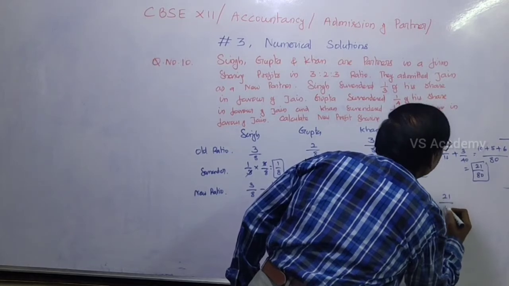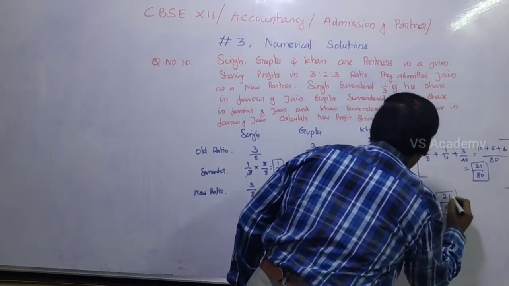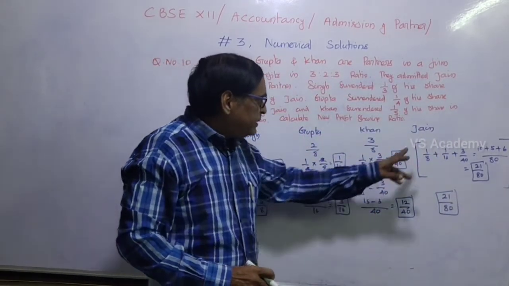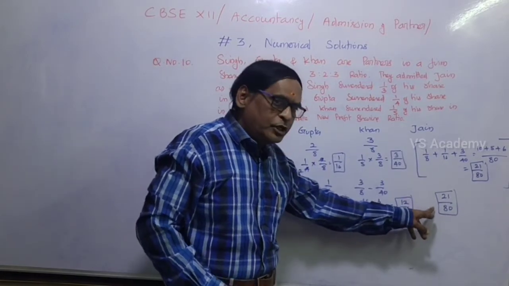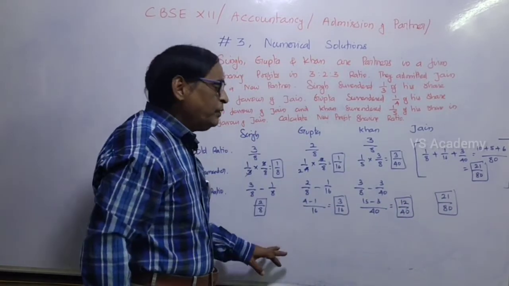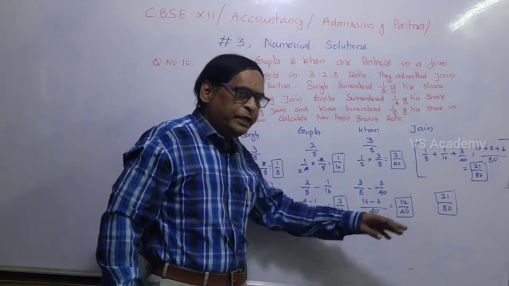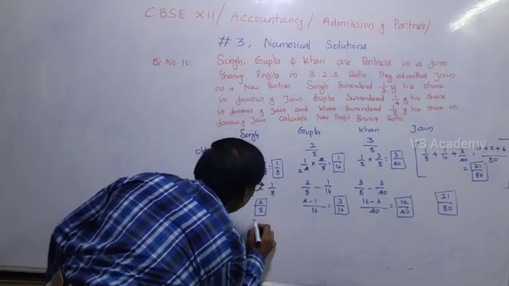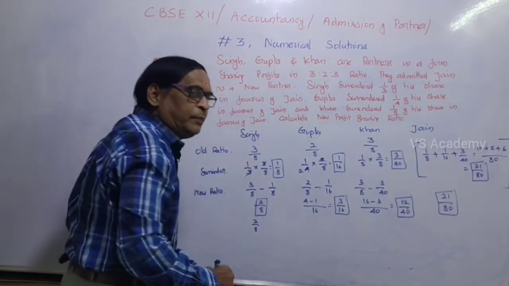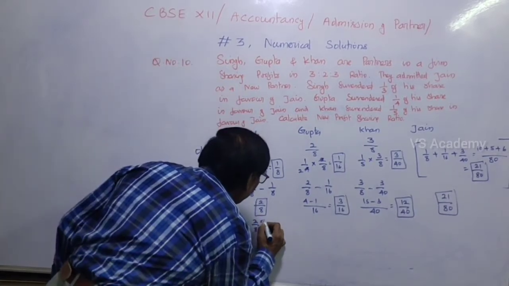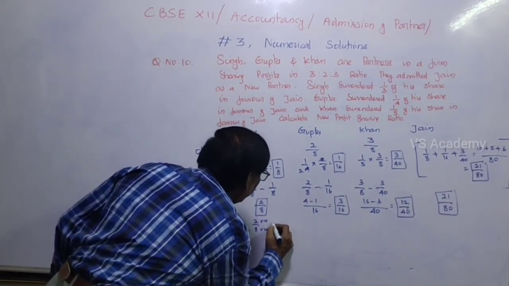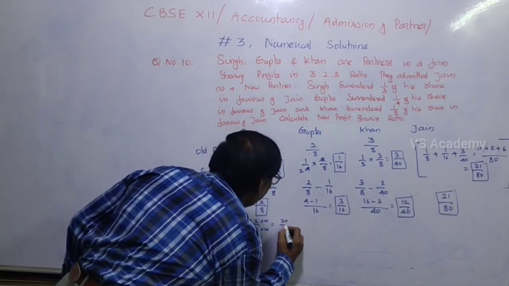His ratio will be the same, 21/80. So as the base for Jain is 80, we must convert all the bases into 80. So 2/8 must be multiplied by 10, both the denominator and the numerator. So 20 divided by 80.